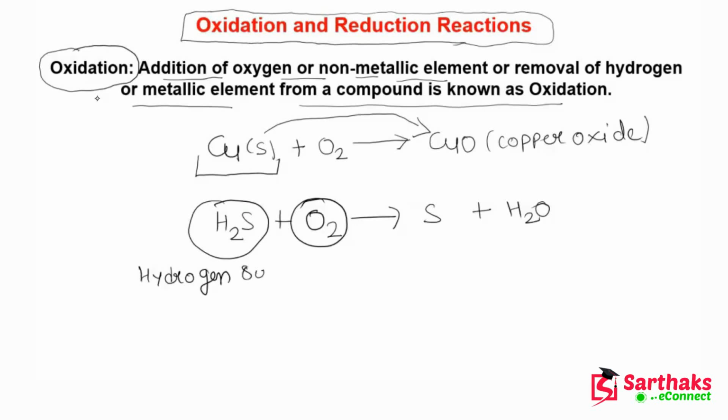You can see that hydrogen is removed from sulfur. On the reactant side, previously it was making a compound with hydrogen, but after it reacts with oxygen, it becomes sulfur and hydrogen is removed. So we will say that this hydrogen sulfide is oxidized into sulfur.